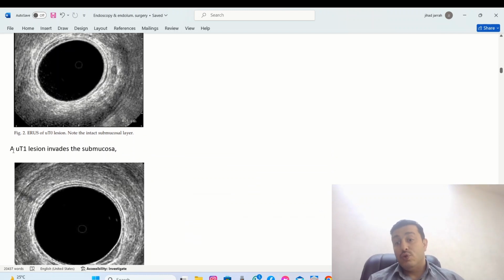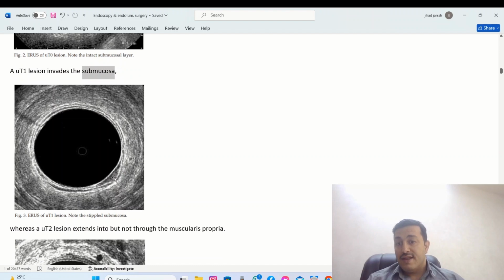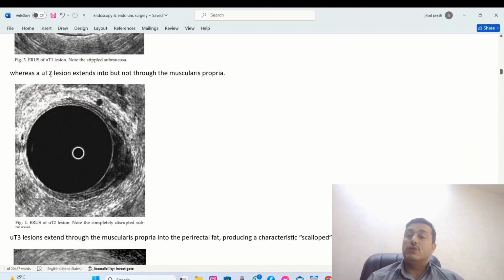If we move to ultrasound T1, this is the tumor that invades the submucosa. You can see here the submucosa is invaded, and destruction of the tissue around is present. T1 is the submucosa, T2, that lesion extends into but not through the muscularis propria.